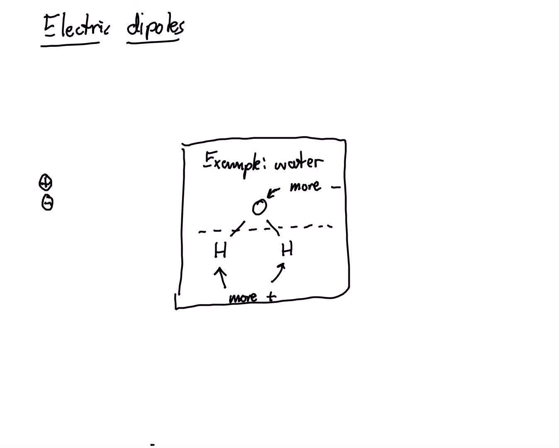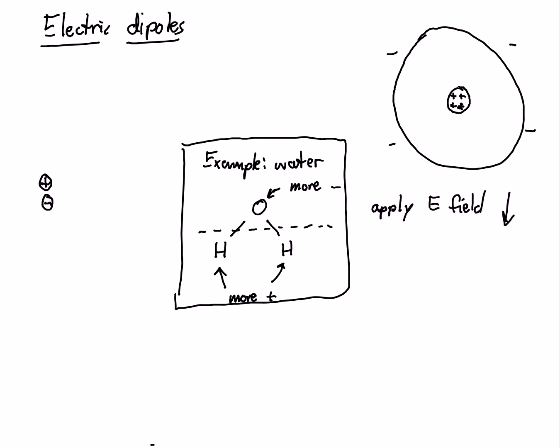Another way in which this comes up comes from the fact that atoms are essentially a positively charged nucleus surrounded by a tightly bound, orbiting, negatively charged electron cloud.